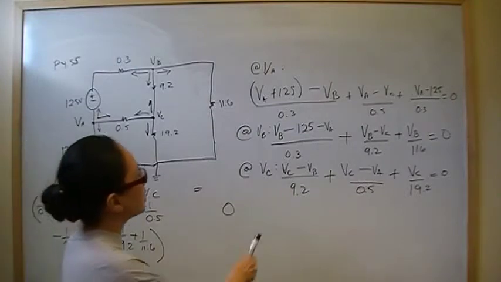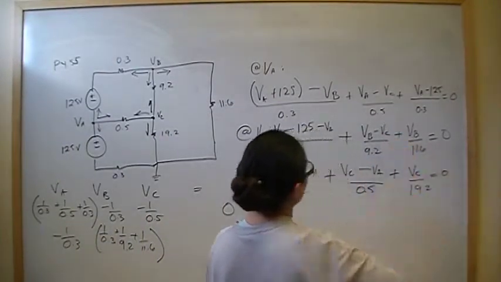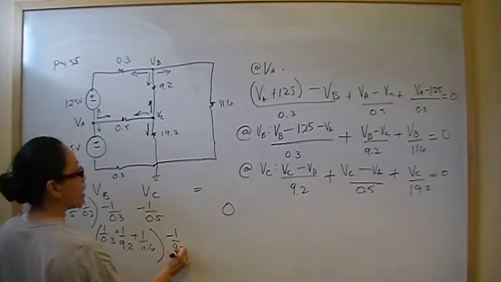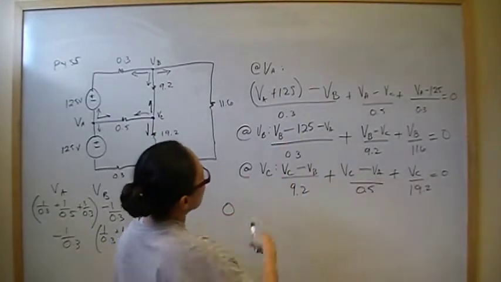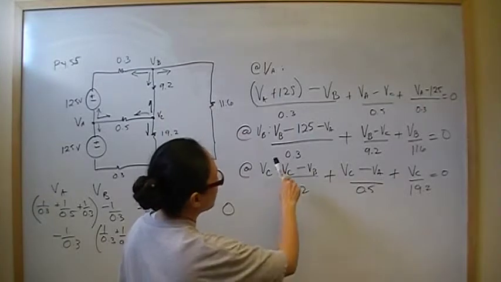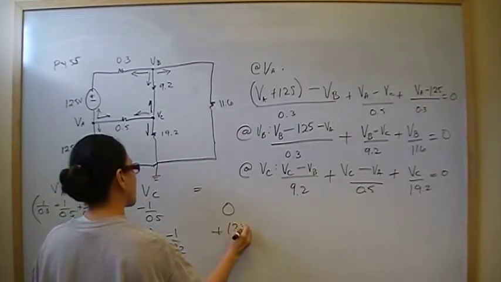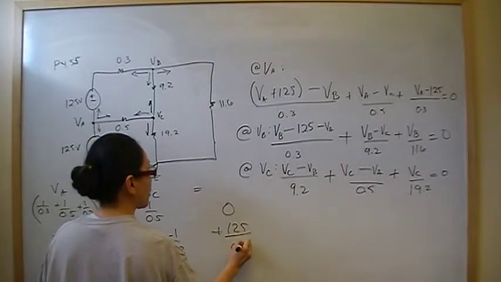And for VC, we have a -1 over 9.2. And for constants, we have this -125 over 0.3, which will go on the other side as a positive 125 over 0.3.